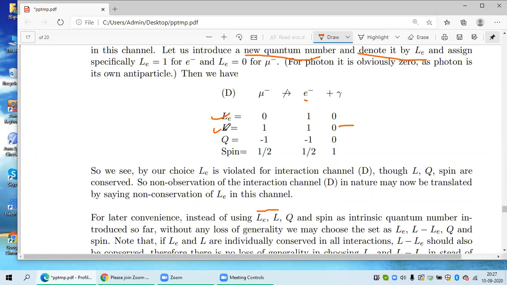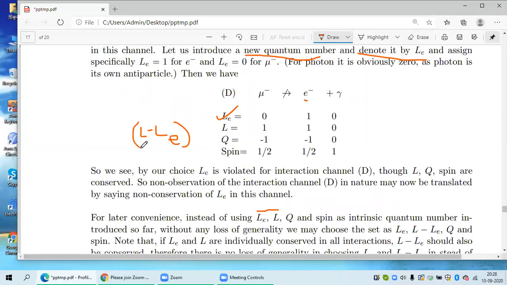Now, in this process, without any loss of generality, in place of L, I could use another quantum number, L minus LE.